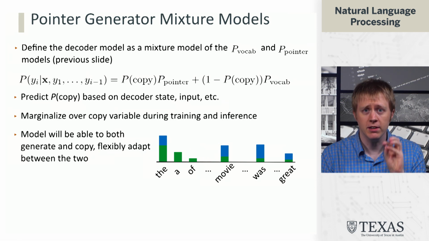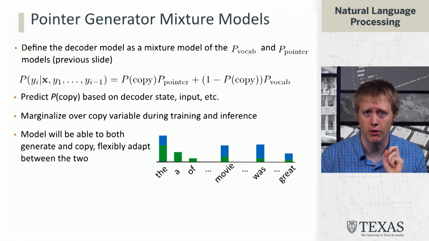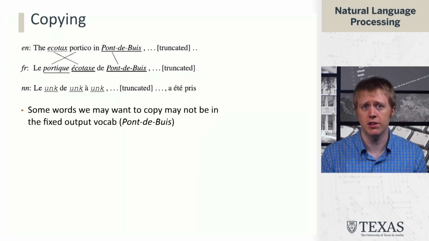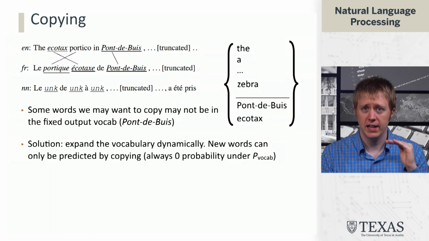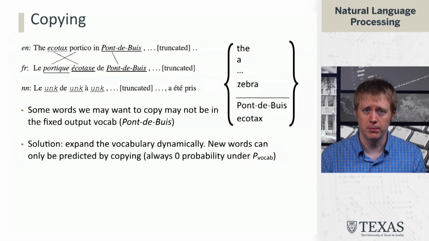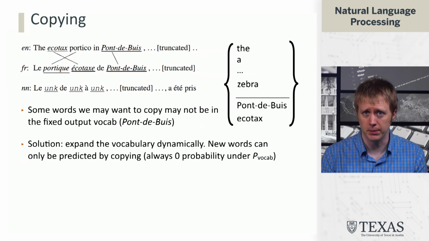But what we still have not done is expand the vocabulary. However, now we can do this pretty easily. For example, we take our input vocabulary, which is this thing at the top here, the, a, blah, blah, blah, up to zebra. Then for a particular example, we can add a couple of tokens to the vocabulary, Pont de Buis and Ecotax here. Now the pointer mechanism allows us to assign these some probability.